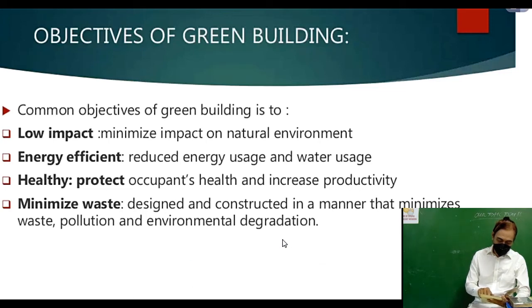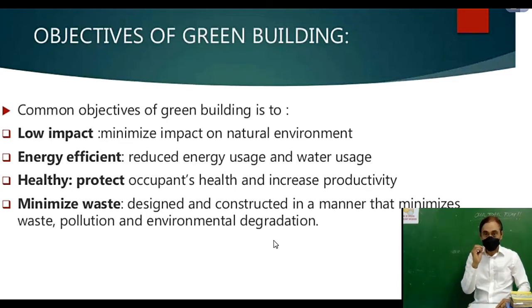What are the objectives of green building? There are common objectives of green building. The objectives are: low impact, minimize impact on the natural environment. Energy efficient, which means reduce energy usage and water usage.